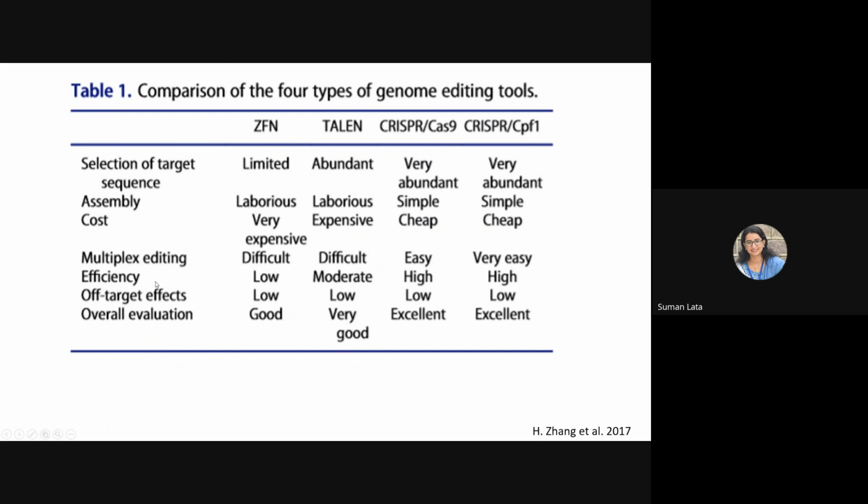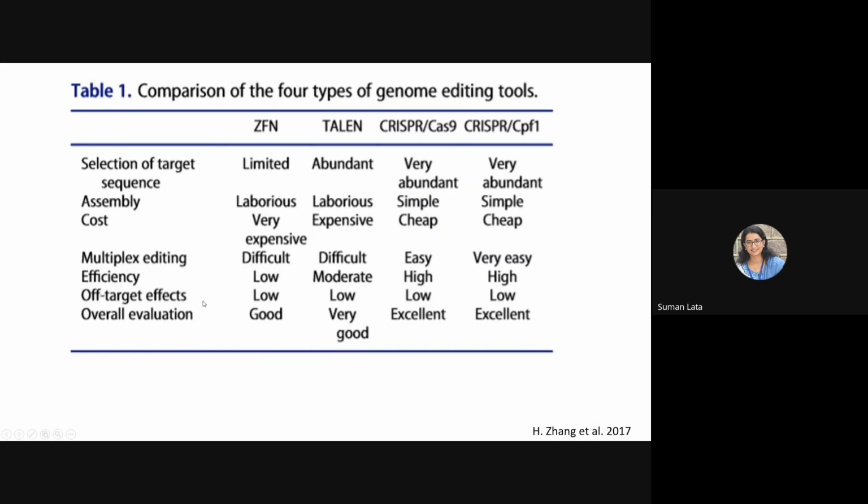The efficiency is low and moderate in case of the ZFN and TALENs, and it is high in case of the Cas9 and CPF1. Off-target effects are low in all the systems. Off-targets are the regions which are other than our target site, the genomic regions which we do not want to target, but sometimes the guide RNA binds to those regions.